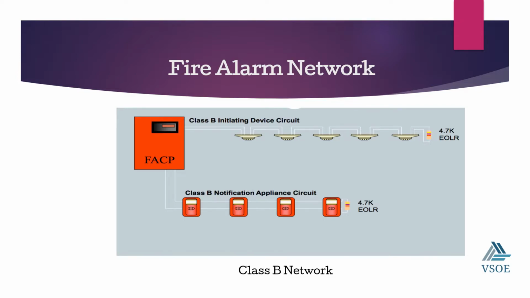So in the Class B configuration, however, you can use more devices, but again, it may not be as rather safe in terms of its operation, and does not provide much reliability while it is utilized within the building once a fire should occur, right?